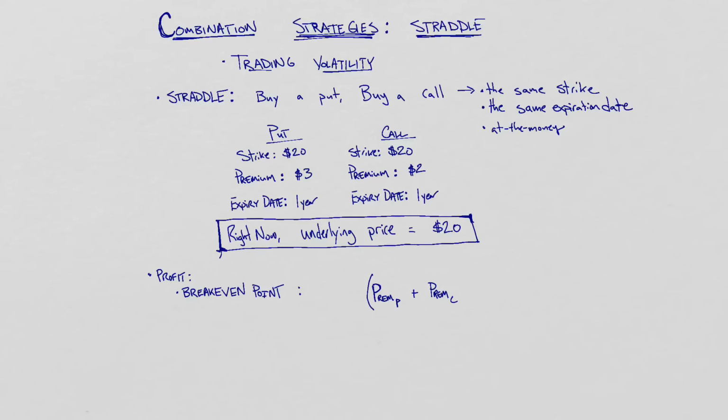And so the cost of this strategy together, since we didn't sell any options here, we just bought them, is the $3 that you see plus the $2. So it cost us $5 to buy this thing with a strike price of 20.